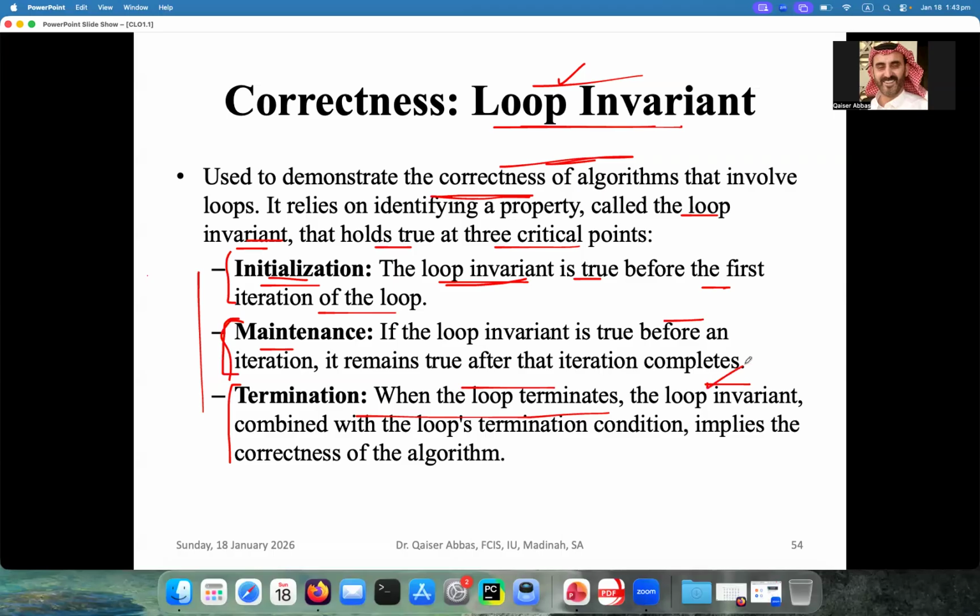If you check this loop invariant combined with the loop termination, which means when the loop is terminated, what is the situation there? And if the loop invariant is true, then you can say that your algorithm is correct. This is the termination of the loop. This is the in-between processing of the loop, okay? And this is before the initialization of the loop.